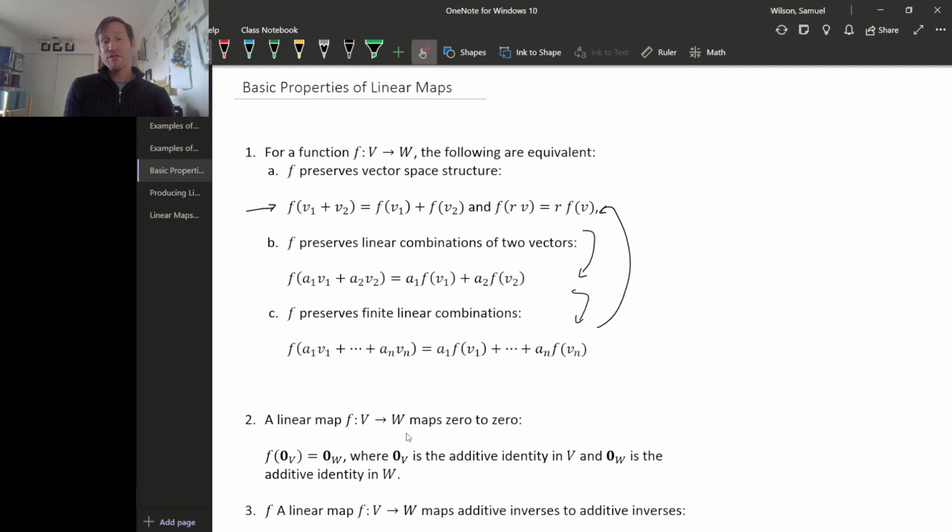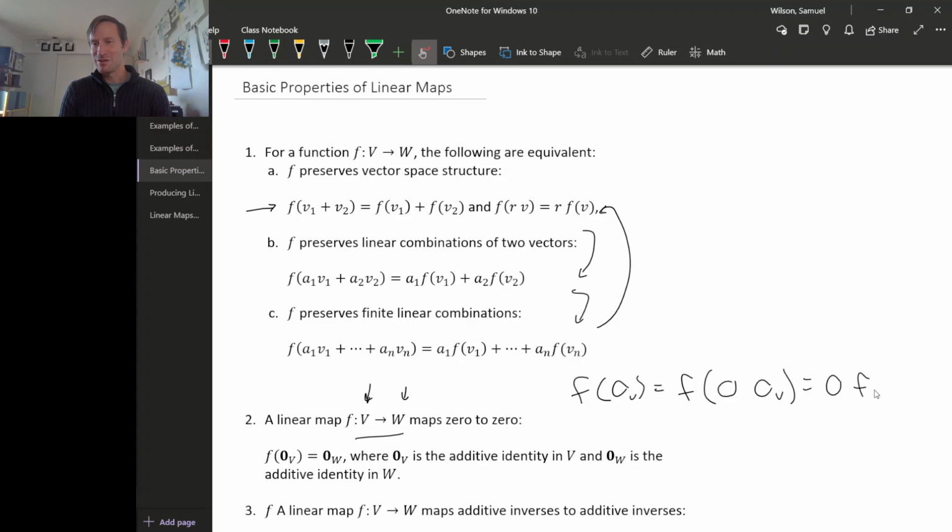Something similar goes for the fact that a homomorphism sends the zero vector in its domain space to the zero vector in its range space. Although the proof that I wrote down for isomorphisms actually subtly did use the fact that we had an isomorphism, this is still true for homomorphisms. So to figure out what happens to the zero vector in V, just notice that the zero vector in V is the same thing as zero scalar product with the zero vector in V. But if this is a homomorphism, we can move this scalar outside of the map.